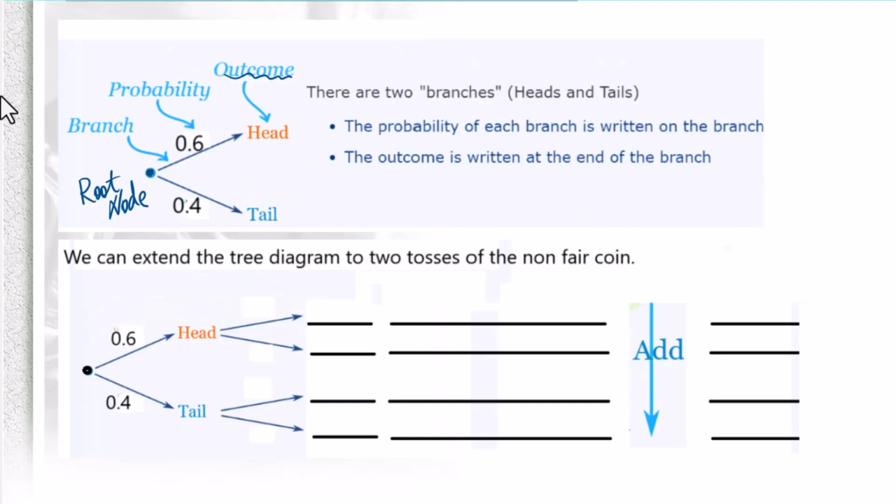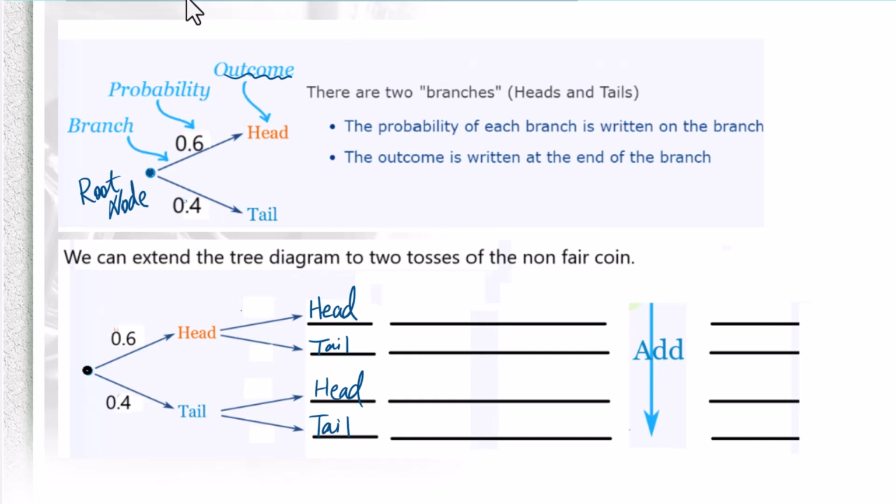We can extend the tree diagram to two tosses of the non-fair coin. After the first toss, we get another two outcomes: head, tail, head, tail.